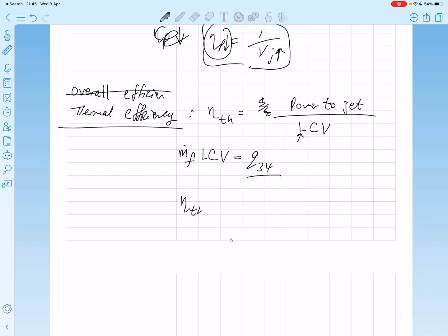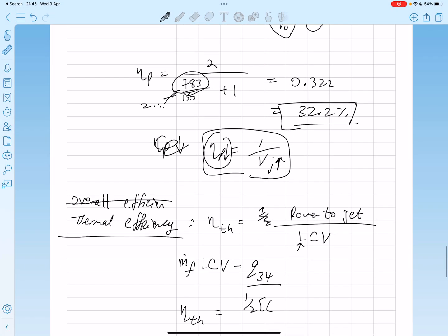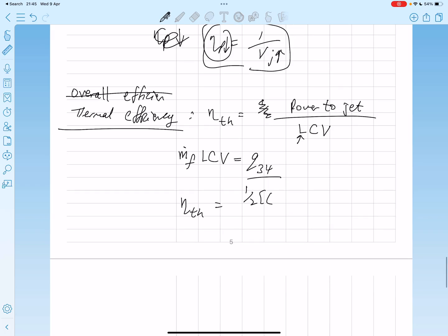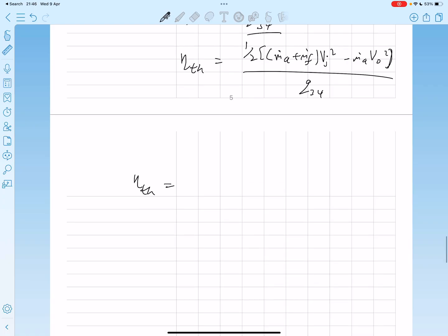So eta TH is 1/2 power to the jet, same as the last question. Power to the jet here was just this term here. So writing that out again. Mass flow rate of air plus mass flow rate of fuel, VJ squared minus MA VO squared over Q34. Moving to the next page. We know MF is 0.